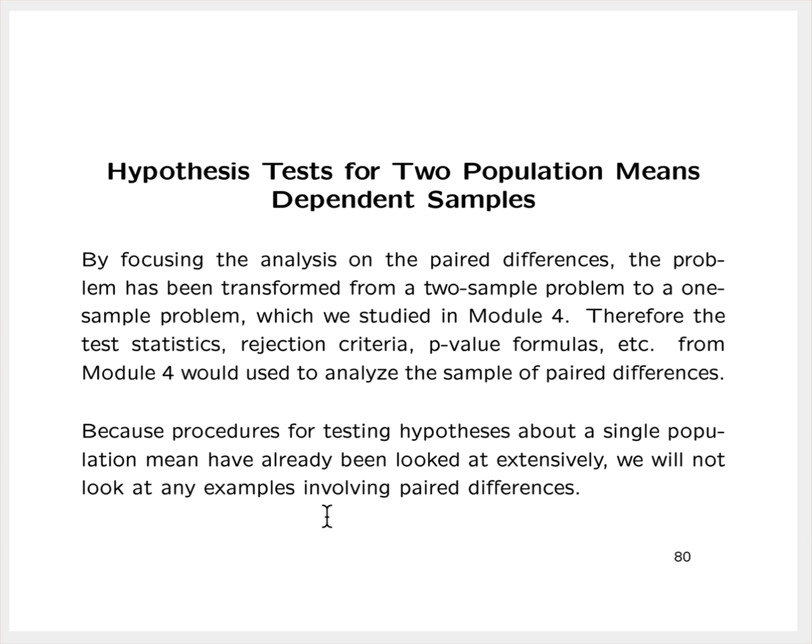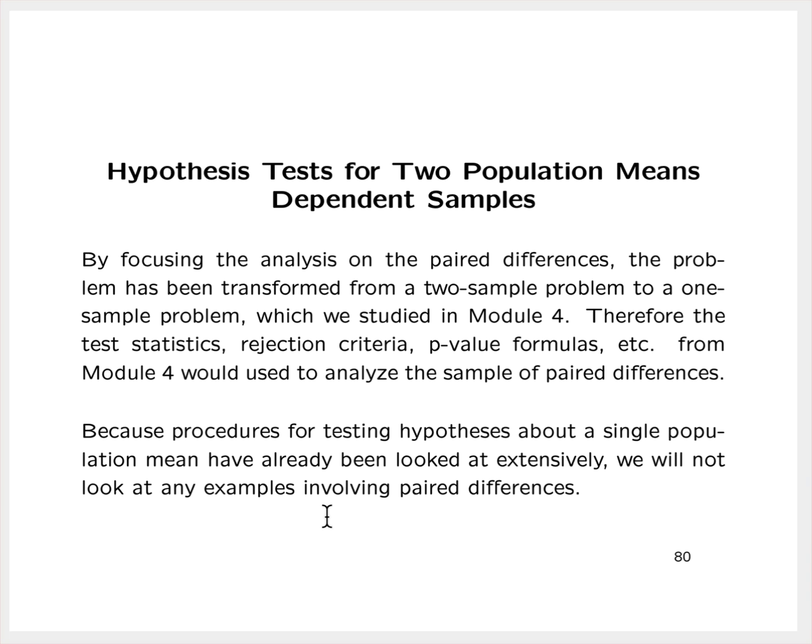We've looked at how to compare population means using independent samples when we don't know the population variances, but when it's reasonable to assume that those population variances are equal. We've looked at how to compare population means using independent samples when we don't know the population variances and when it's not reasonable to assume that the population variances are equal. And then finally here we've looked at how to compare the means of two populations using dependent samples.